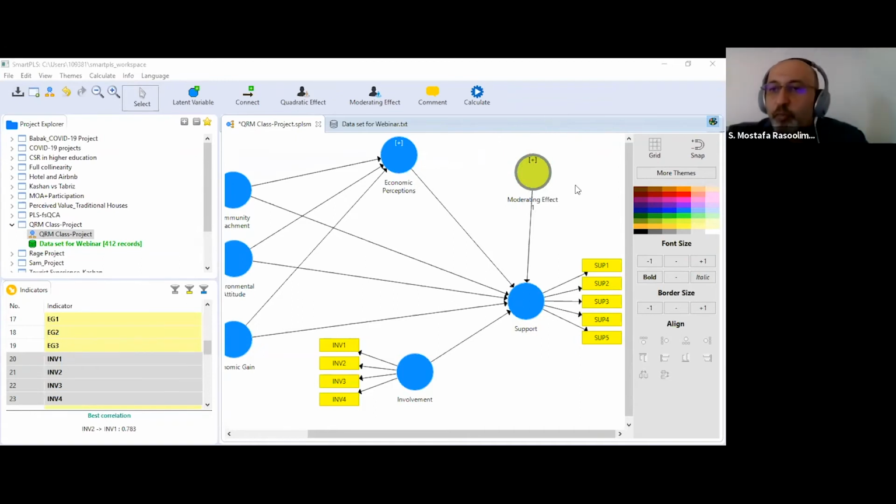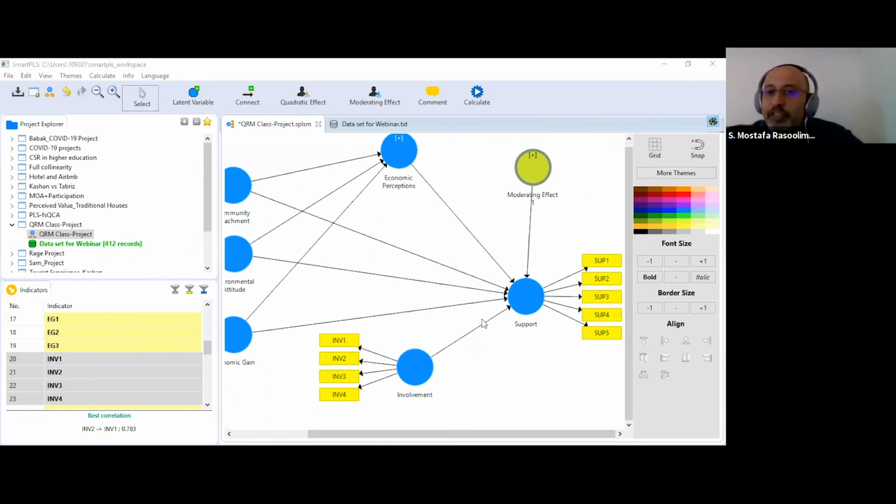For assessment of the moderation role of involvement, we have to check and assess the significance of this path, the interaction term or interaction effect coefficient, right?